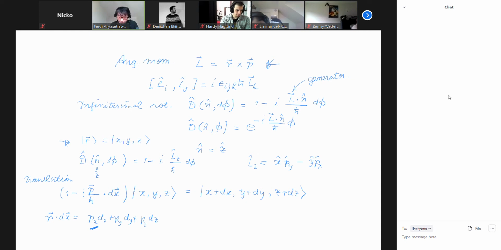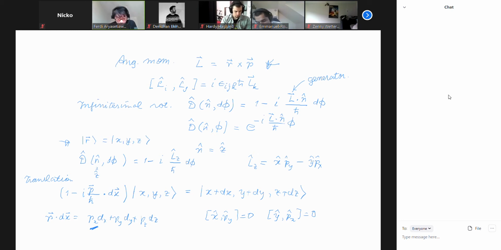And we also recognize that the commutator of x and py is equal to 0, and also y and px is equal to 0. So we can commute x and py and also y and px. Okay.